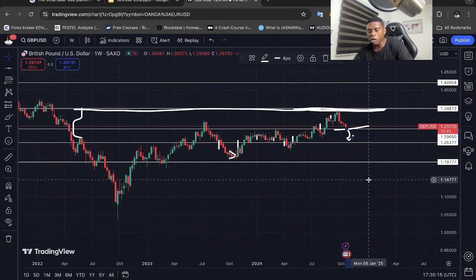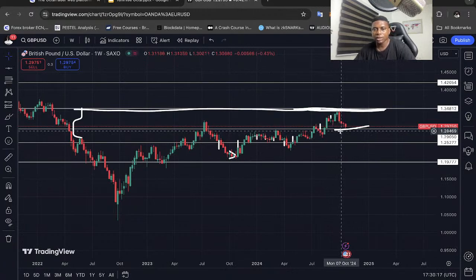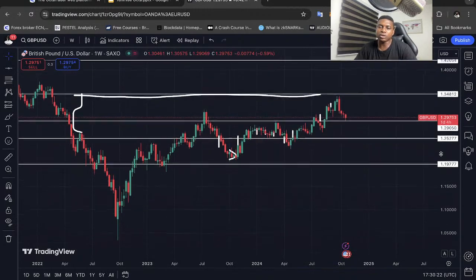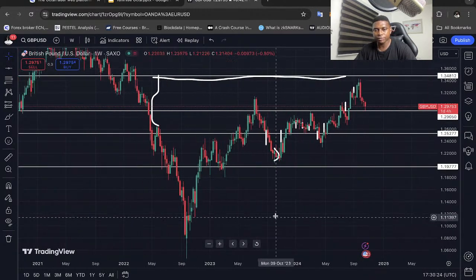So how do we position ourselves as traders from this level? Now there are two things that we want to do from here.